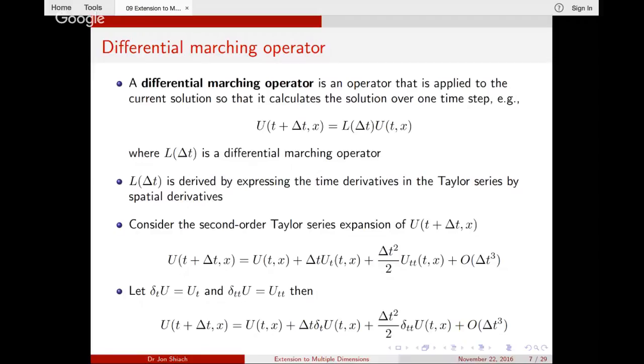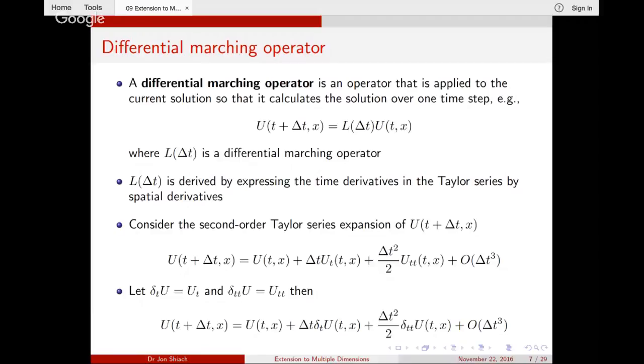And this L of delta t, we derive it by expressing the time derivatives in the Taylor series by spatial derivatives. If we take our standard Taylor series, there we have second order Taylor. We know it's second order because the highest power of delta t is 2, and therefore we have an error of big O delta t cubed. That's our Taylor series. And I'm going to use operator notation here.